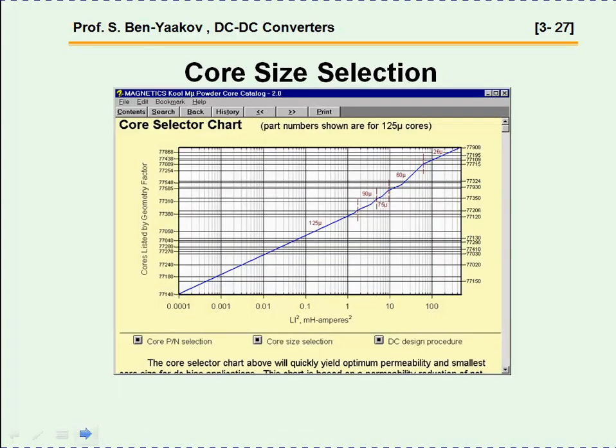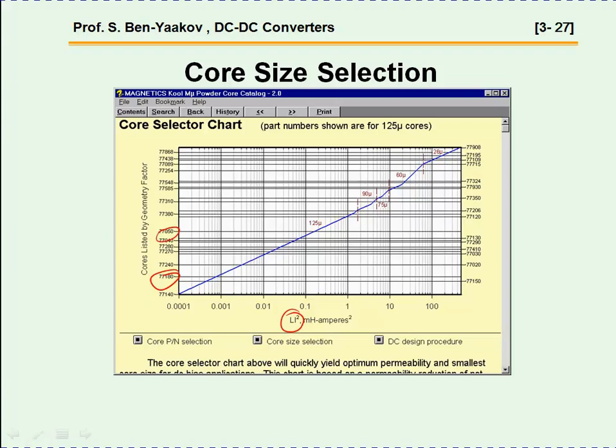Based on this Hama curve, manufacturers are offering this curve, which is a way of presenting this Hama curve. Here we have Li squared, and here we have actually already catalog numbers of cores, which embed in them, of course, the dimensions.